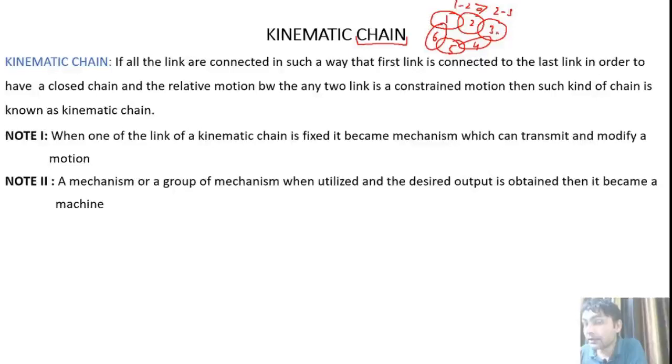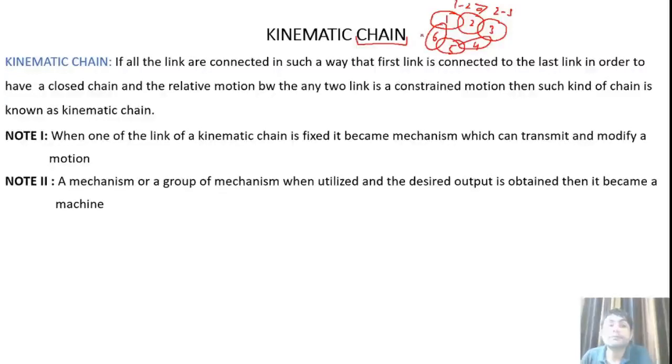Similarly, link 3 makes a pair between 2 and 3 and between 3 and 4. Link 5 also makes pairs 5 and 4, 6 and 5, means every link participates in two pairs.